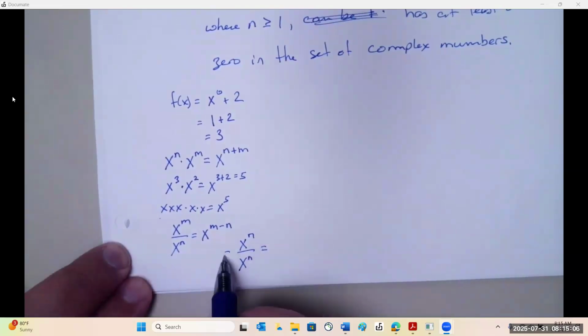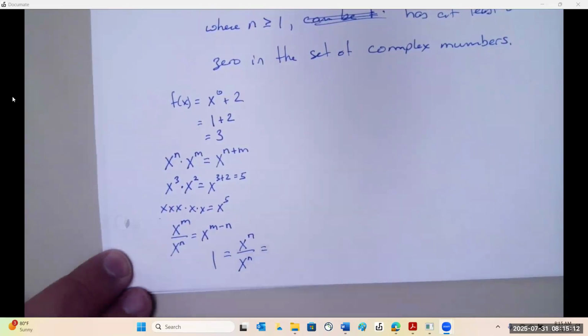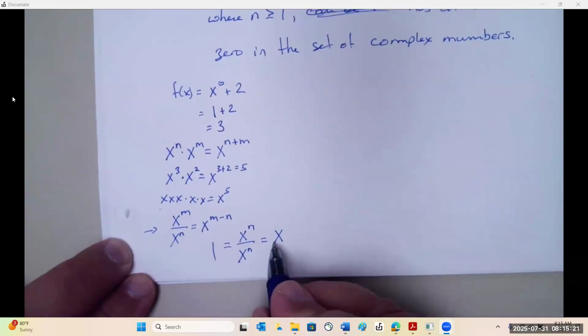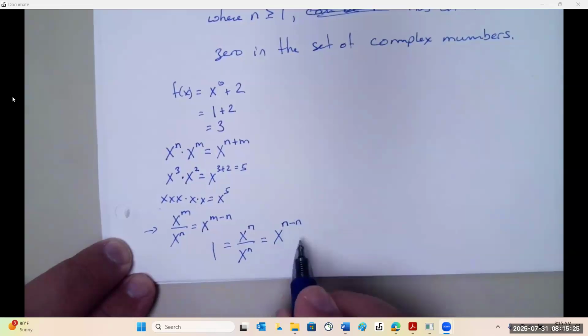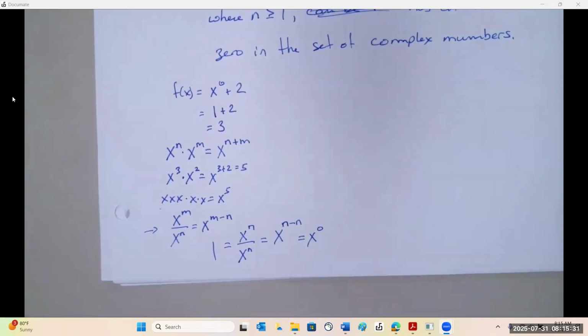First off, what does that equal? If you have the same number top and bottom, what does that equal? 1. Using the rules of exponents, this rule, what do I get? If I take the top exponent minus the bottom exponent, what is n minus n? So there you have it. That's why anything to the power 0 is always equal to 1.